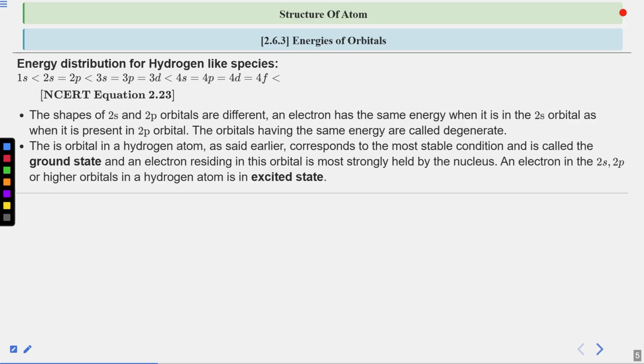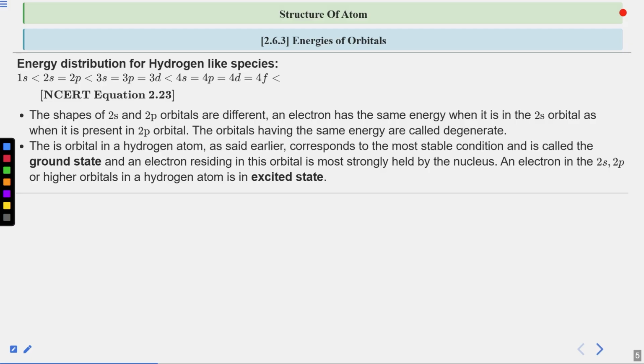Next thing, if you take a hydrogen atom and its electron is in the lowest state, the lowest state will be n equals 1. In that case, the hydrogen atom is said to be in the ground state.